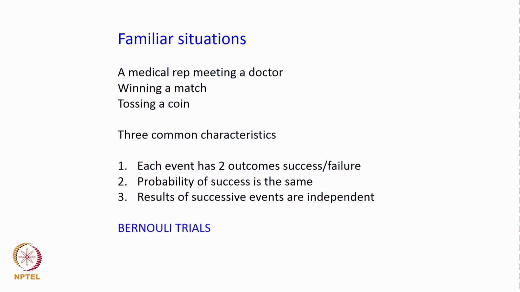Another situation that is often discussed in textbooks and literature is a medical representative trying to meet a doctor with a certain probability. The representative goes and asks for a meeting, and the doctor may meet, the doctor may say later. So, there is a probability of meeting the doctor.